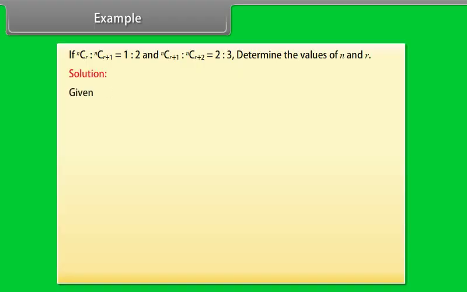Solution. Given nCr : nC(r+1) = 1 : 2. n factorial by (n minus r) factorial into r factorial is to n factorial by (n minus r minus 1) factorial into (r plus 1) factorial is equal to 1 is to 2.